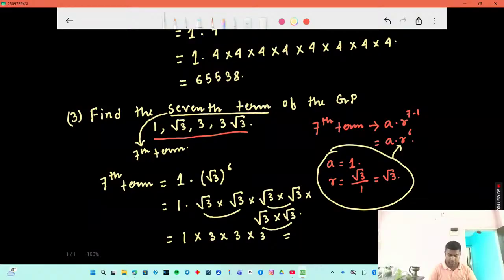This will be equal to 3 into 3, 9, 9 into 3, 27, and 27 into 1 is 27.